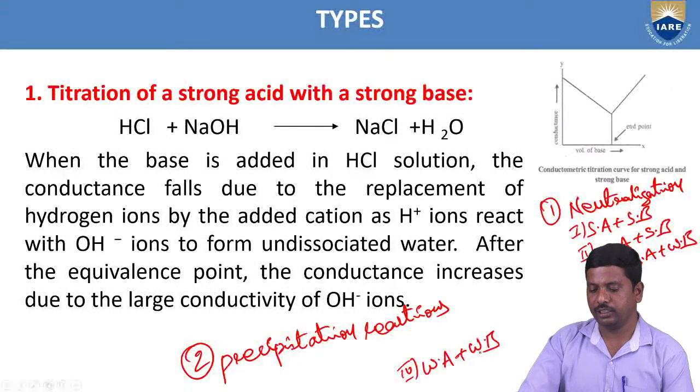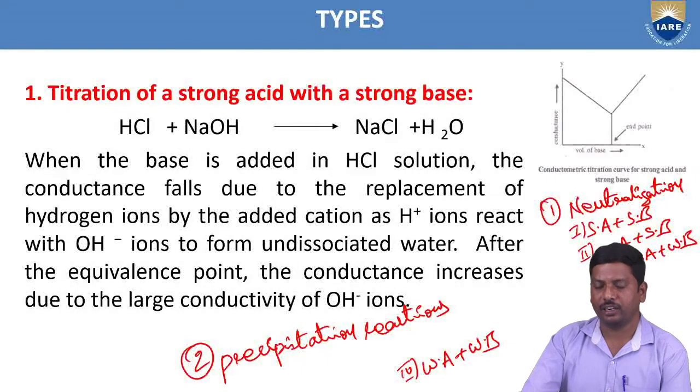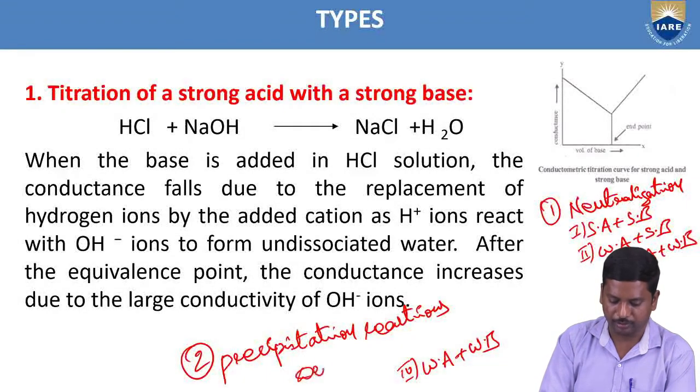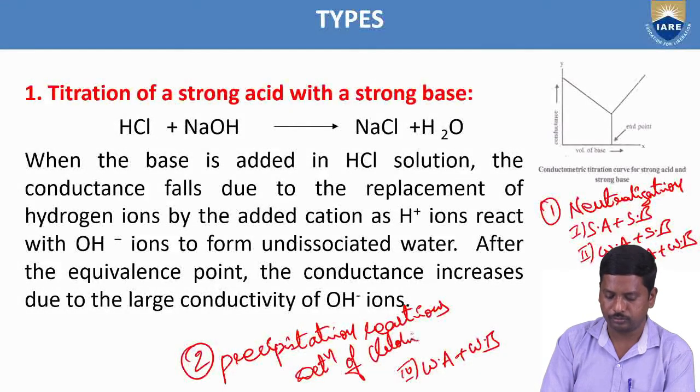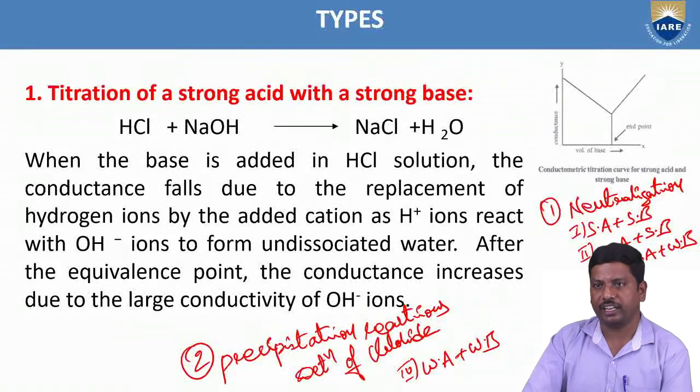So these are the main titrations involved in the neutralization of conductometric titrations, and the precipitation reactions are mainly involved in the determination of chloride. So these are the main types of reactions involved in conductometry.